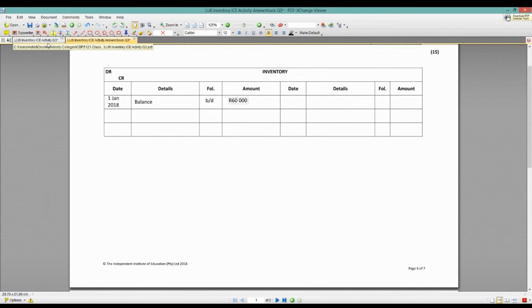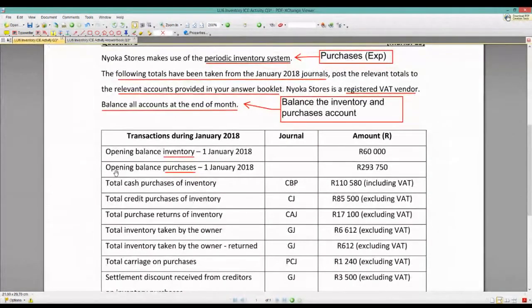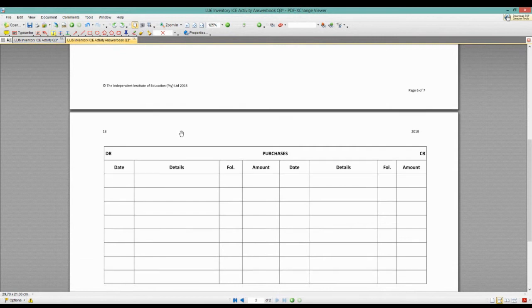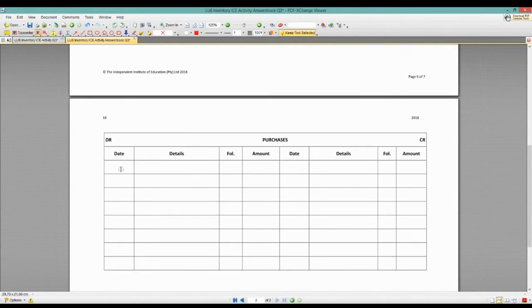Let's quickly see what was the opening balance for purchases. So purchases opening balance was 293,750. Now remember, purchases and expenses will be debited.